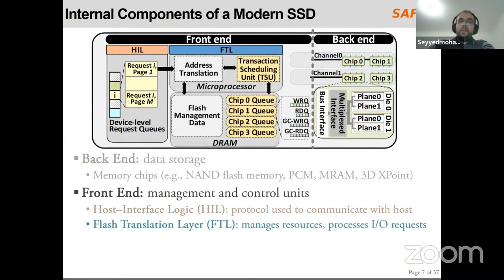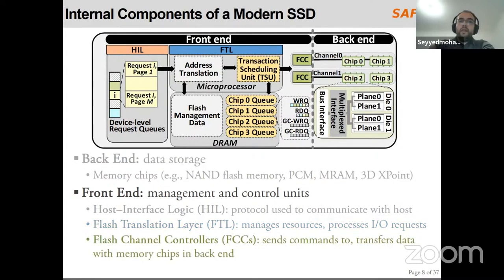We have the flash translation layer, FTL, that manages resources, processes I/O requests, and does many other things like scheduling, wear leveling, and also garbage collection that we covered in previous lectures. And we also have flash channel controllers, FCCs, that send commands to flash chips to transfer data with memory chips in the backend.